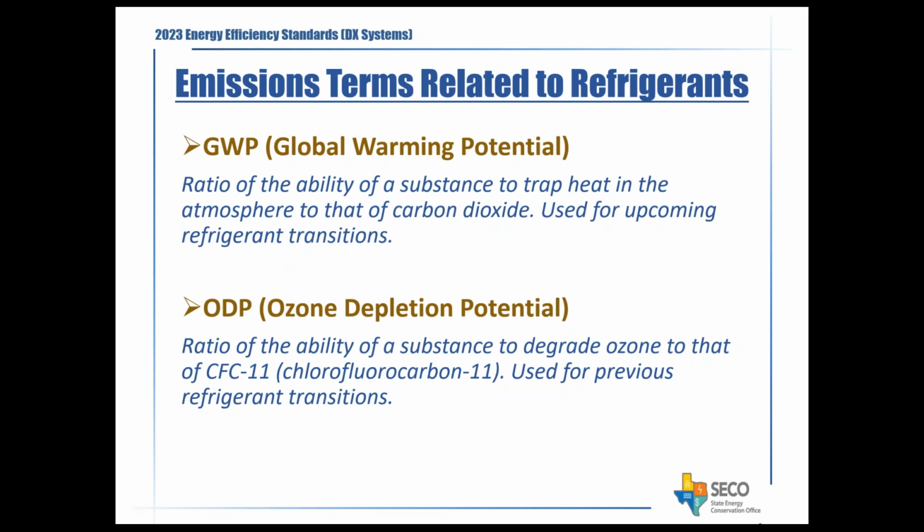One is the GWP, which is global warming potential, the ratio of the ability of a substance to trap heat in the atmosphere to that of carbon dioxide, used for upcoming refrigerant systems. So the GWP is the number that you need to be looking at, and those are going to be mandated for the refrigerants that are coming down the line.